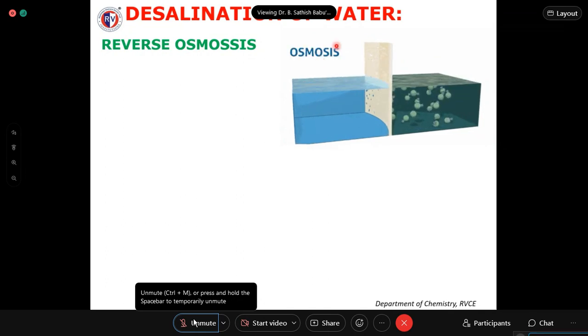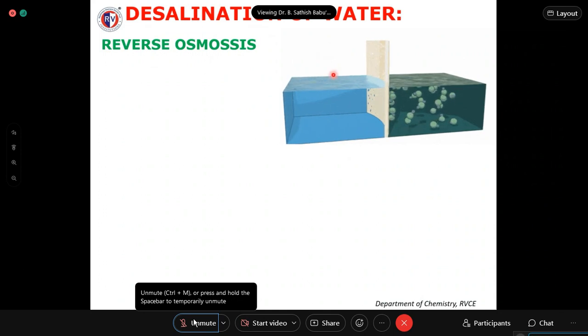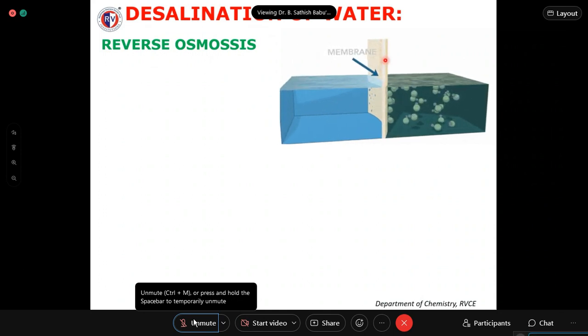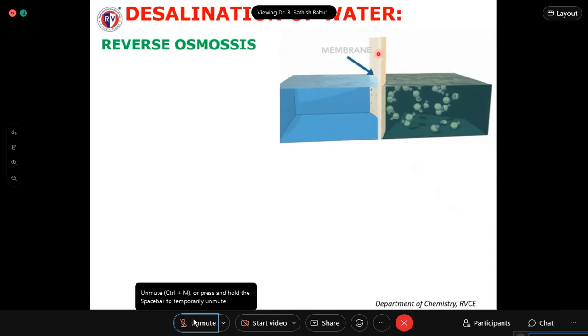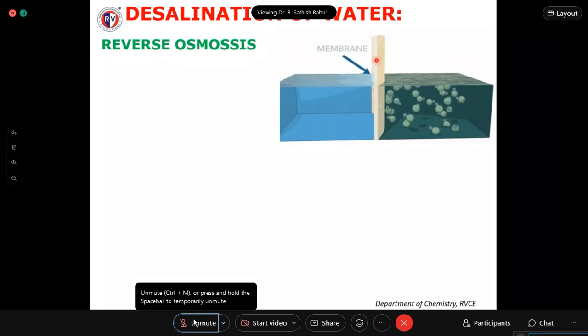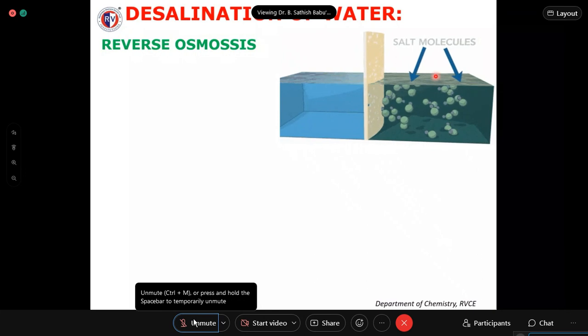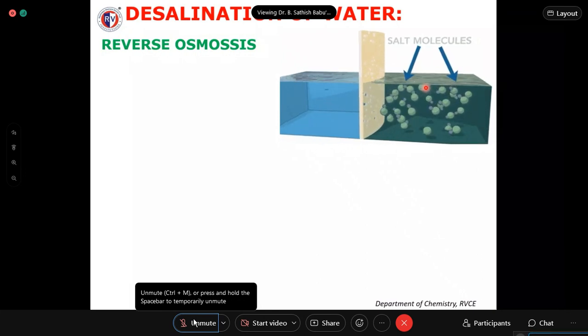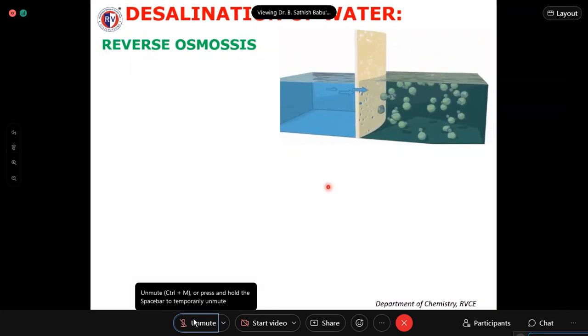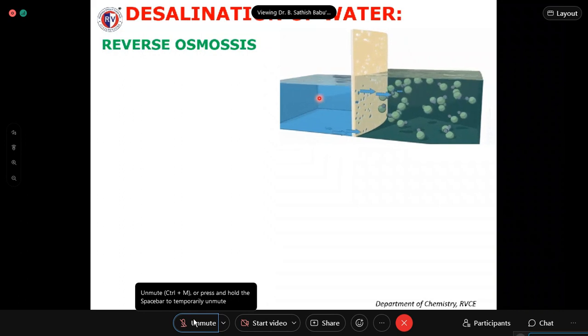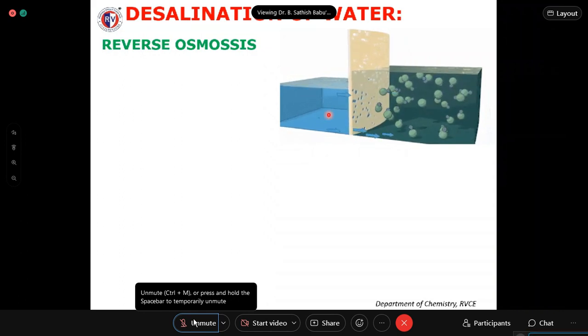During osmosis, what is happening? Just see this animation. This is the membrane we are using. This is pure solvent. This is a salt molecule. This is the solution, with salt dissolved in it, and this process is called osmosis.